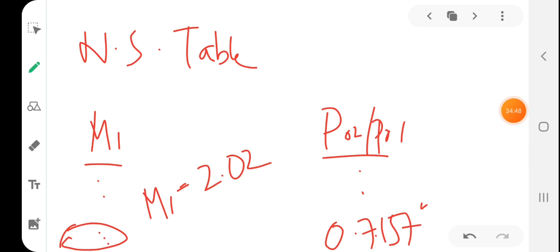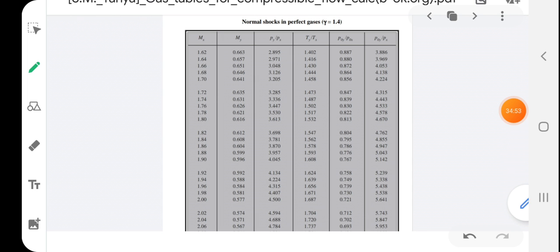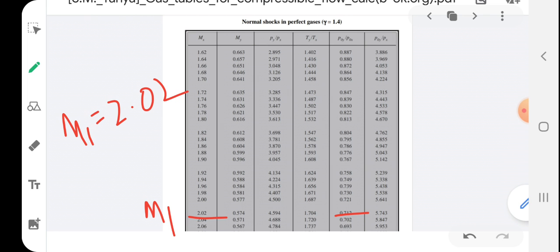So you have obtained M1 equal to 2.02. So corresponding to 2.02, what is M2?